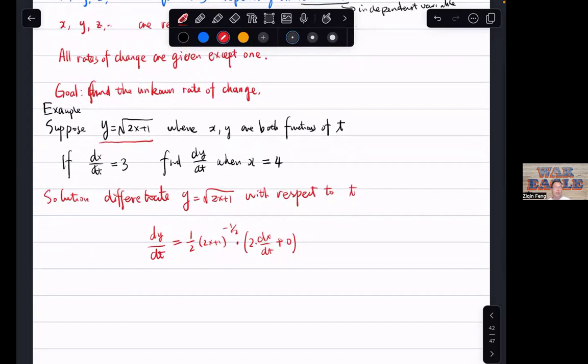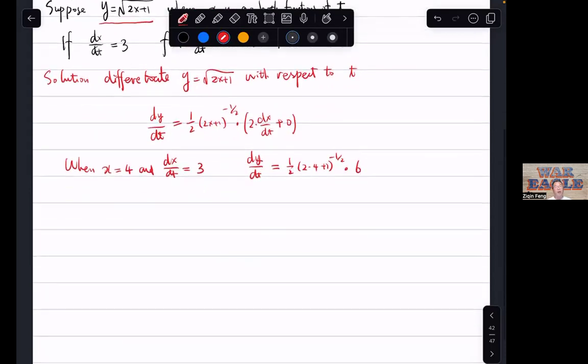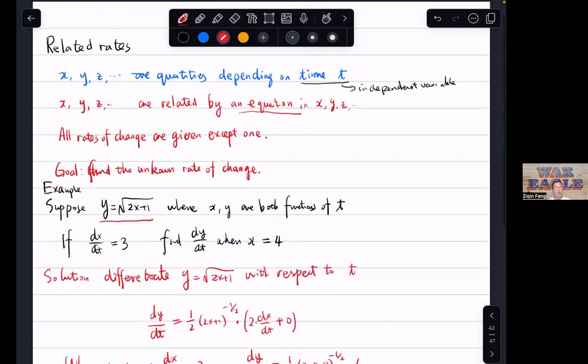But we are looking for this when x is 4 and dx over dt is 3. Then dy over dt, plug in the numbers: 1/2 times (2 times 4 plus 1) to the power negative 1/2, times 2 times 3, which is 6. So that's an example of a related rates problem.